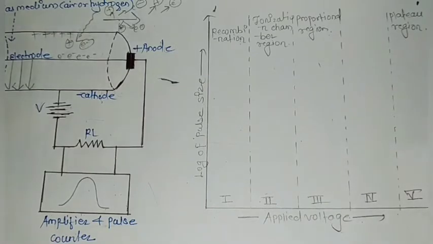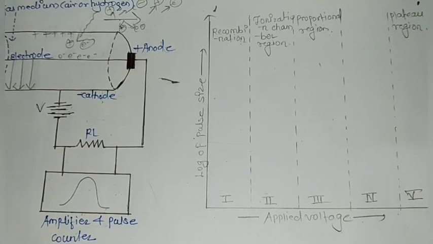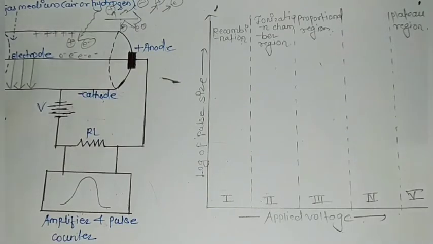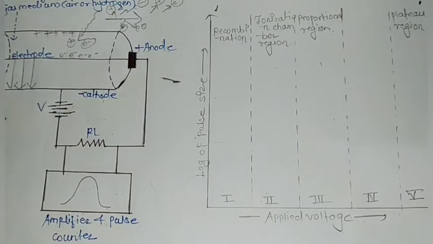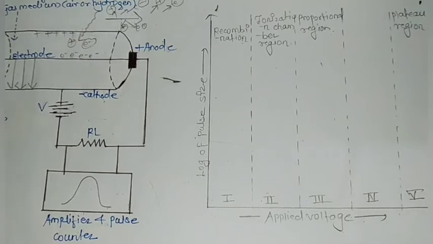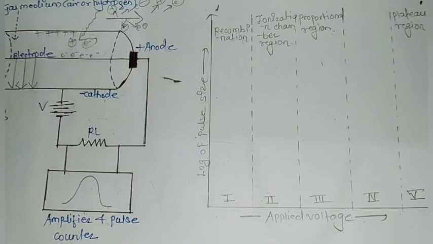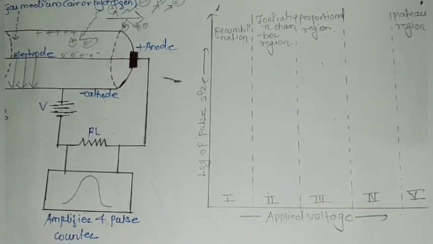So when voltage is very low, recombination is quite dominant, but when the voltage of the battery is increased, then recombination becomes less and less because the moment electrons and ions are formed, they start getting accelerated towards the opposite terminals of this detector.